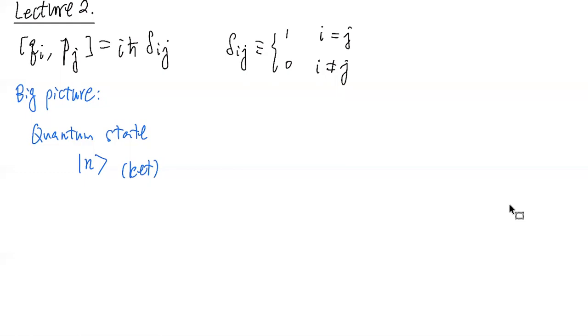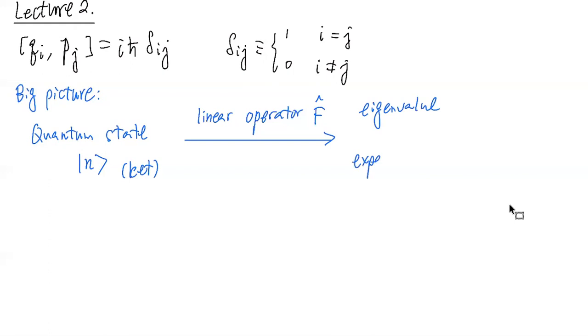And in order to obtain more information about the quantum state, we need to apply a so-called linear operator on this quantum state. So you will apply linear operator F on the quantum state. Then you can get either the so-called eigenvalue, or you can get the expectation value.